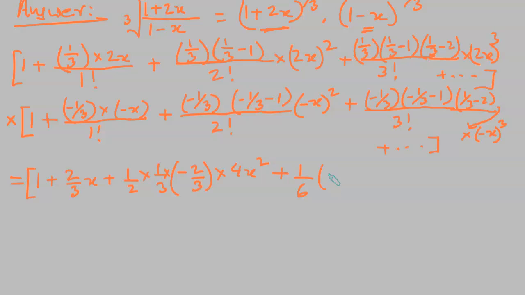Then it is 1 over 3, negative 2 over 3. This 2 is 6 over 3. 1 over 3 minus 6 over 3 is negative 5 over 3. Sorry, 5 over 3. And 2 cube is 8. 8x to the power of 3. Okay. And plus dot dot dot.